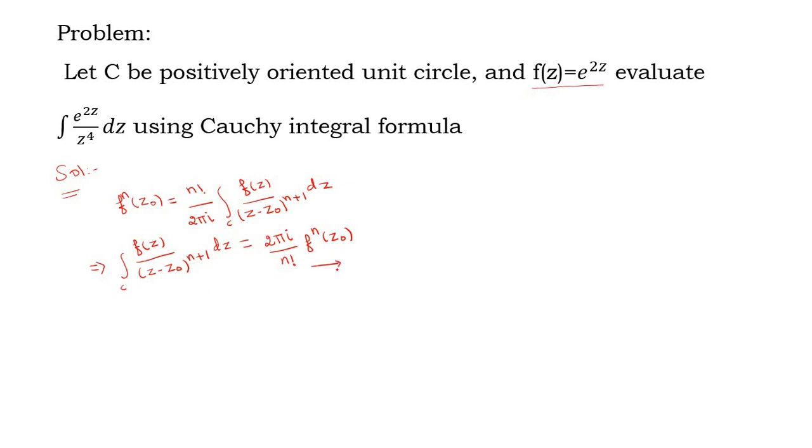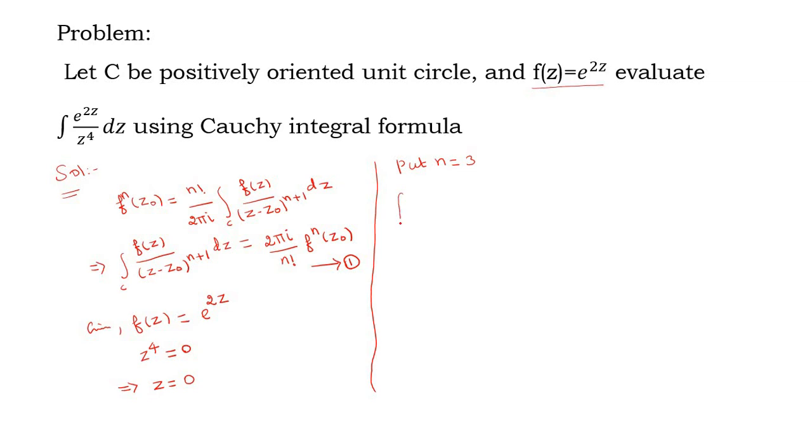Let us take this as equation number 1. Given f of z equal to e power 2z and the point z power 4 equal to 0, which implies that z equal to 0 is a singular point. Now we put n equal to 3 in equation 1.